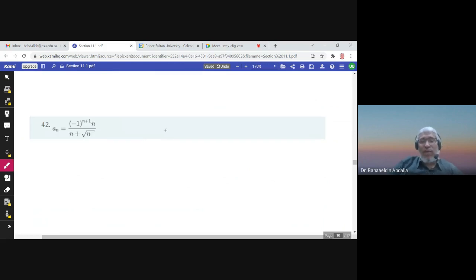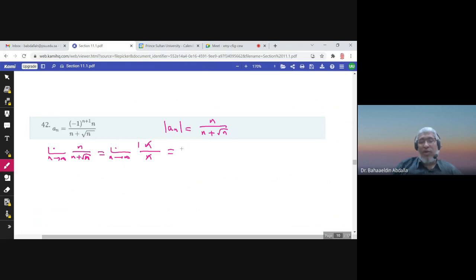Check this one. The absolute value of a_n would be n over n plus square root of n. Now the limit of n over n plus square root of n when n goes to infinity, how do we evaluate it? We take the highest power up, the highest power down. n over n is 1.